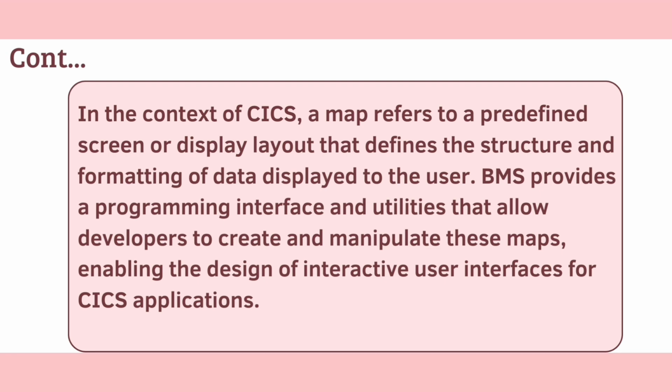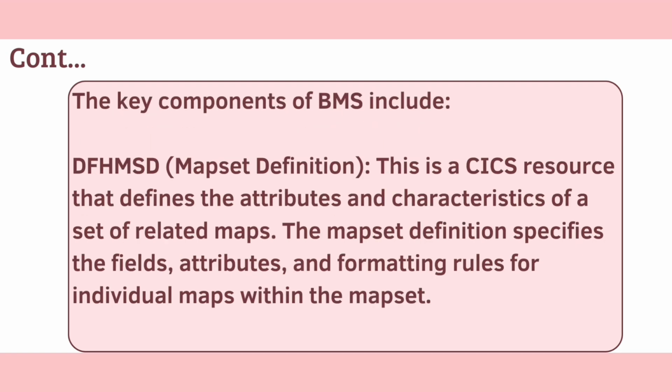BMS provides a programming interface and utilities that allow developers to create and manipulate these maps, enabling the design of interactive user interfaces for CICS applications. The key components of BMS include: number 1, DFHMSD, that is map set definition.